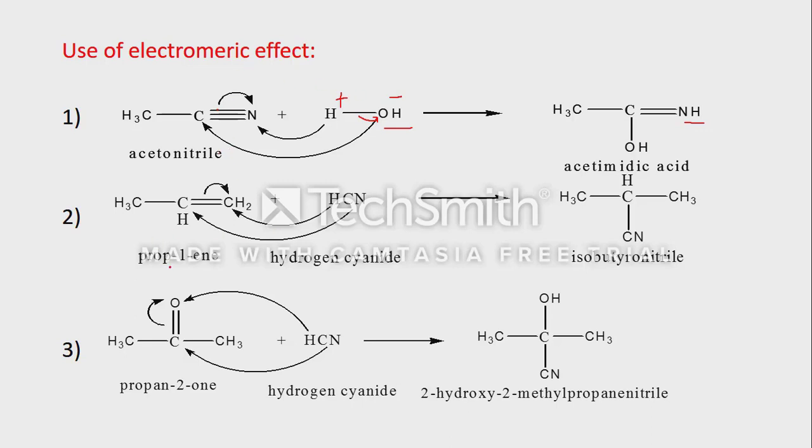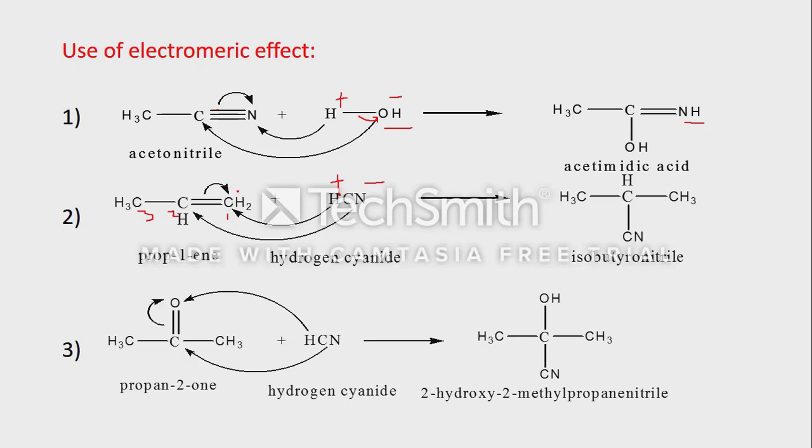The second example: propene, with carbon number 1, carbon number 2 and carbon number 3, has a double bond and reacts with hydrogen cyanide, where hydrogen has the positive charge and cyanide the negative charge, because nitrogen is electron withdrawing. That's why the pi bond is shifted onto carbon number 1.